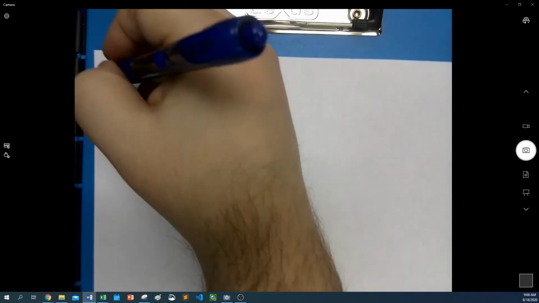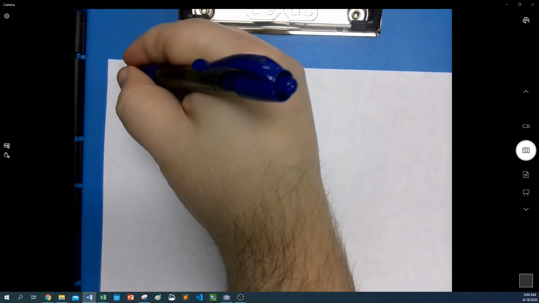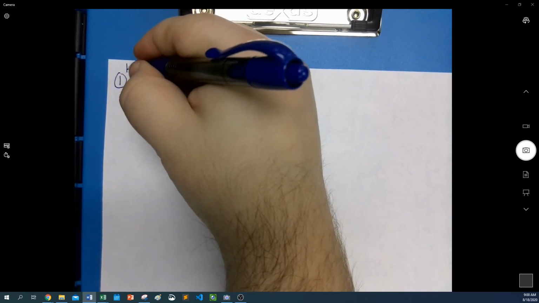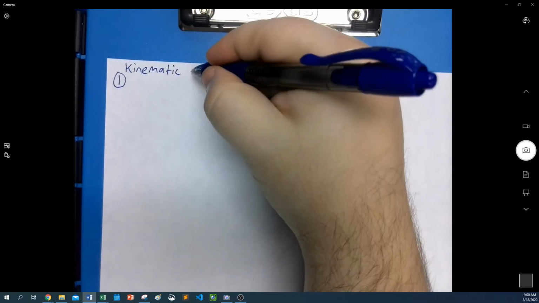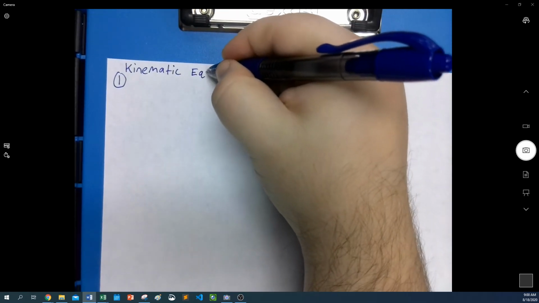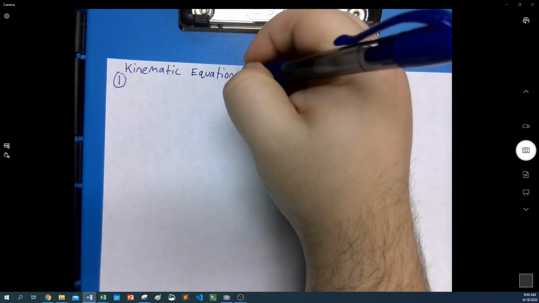I will go ahead and tell you the other two, but we're primarily going to be working with the first two for now. So we have kinematic equations.